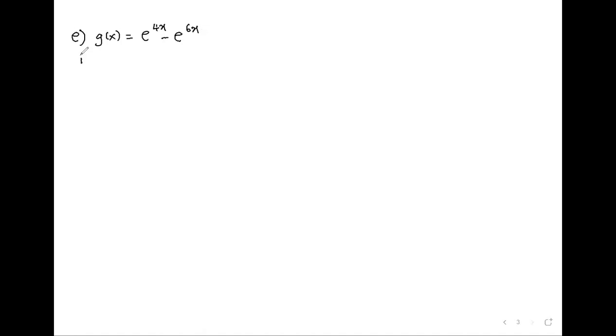So we start part 1, critical points. We differentiate the function. Now this is exponential. To differentiate exponential, you differentiate the power 4x. The derivative is 4, multiplied by e to the 4x.